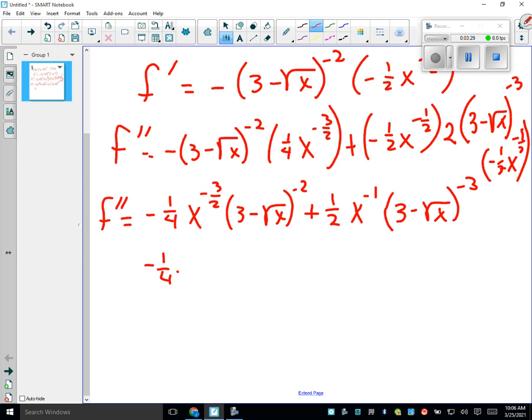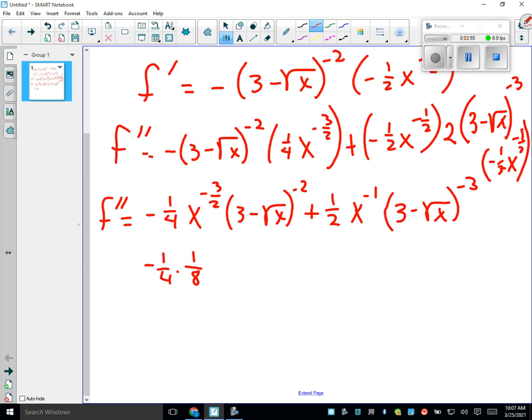Anybody know? First of all, what's 4 to the 3/2? Square root of 4, cubed. That's 8. And it's negative, so it's on the bottom.